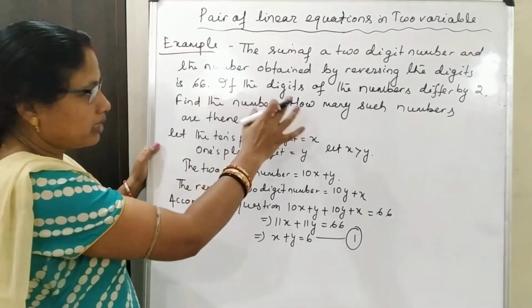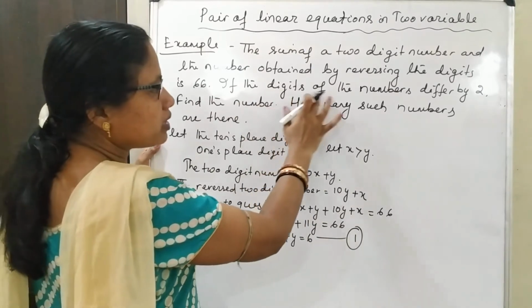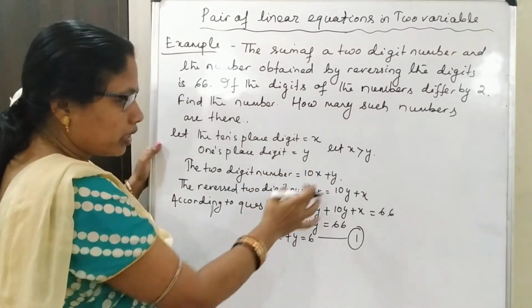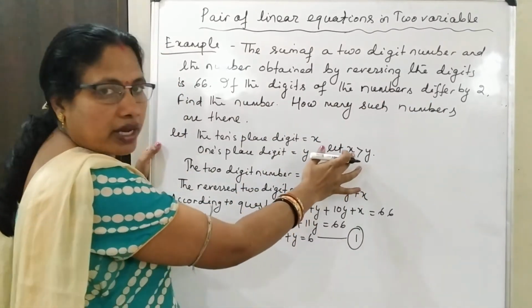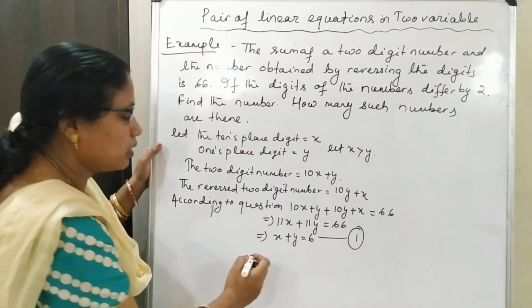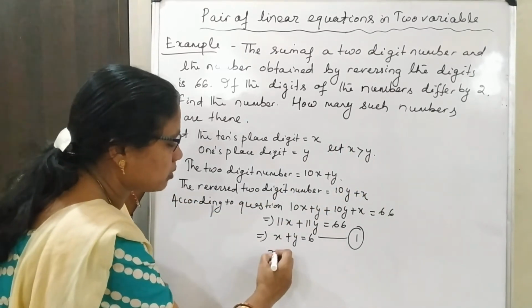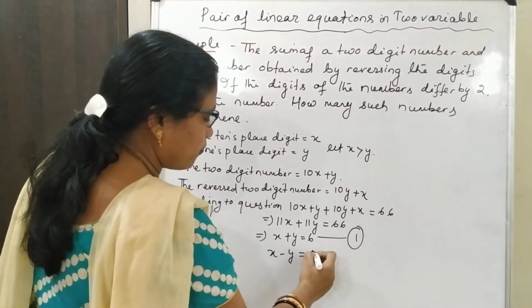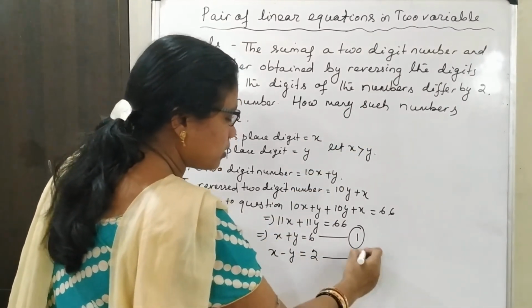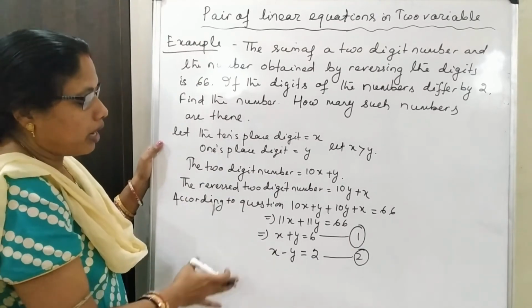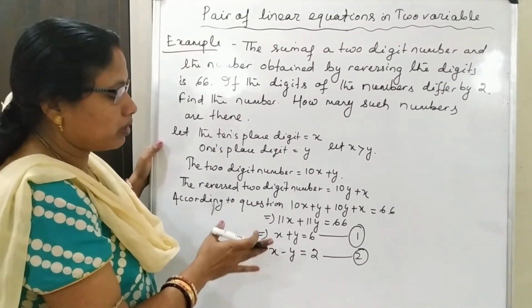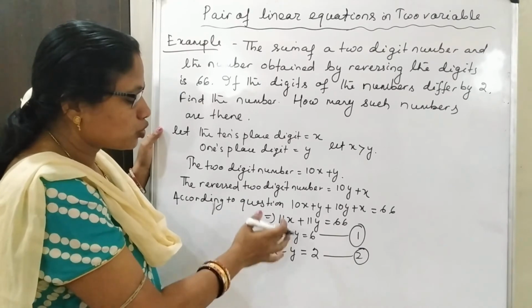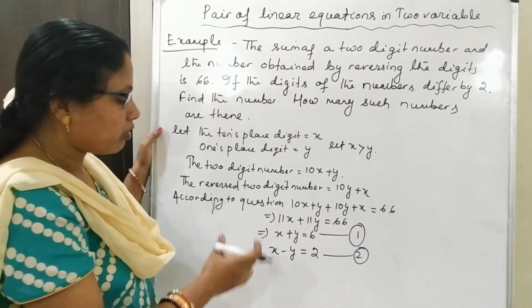In the sentence it is given that the digits of the number differ by 2. Here I assumed x is greater than y. So this implies the second equation will be x minus y is equal to 2. So this is our second equation. So here I have to follow the first step, that is to equate the coefficient of a variable.